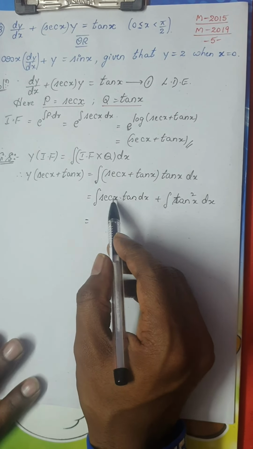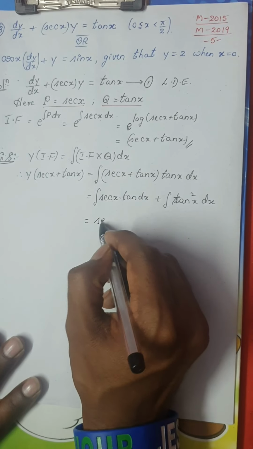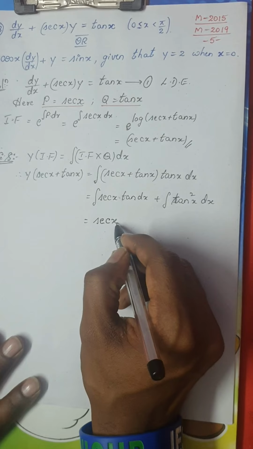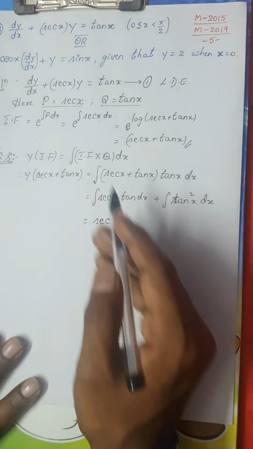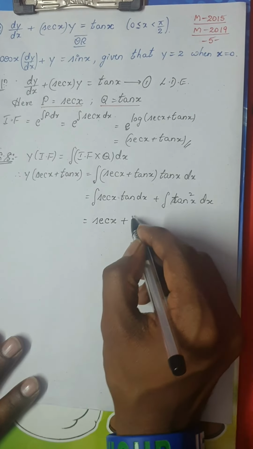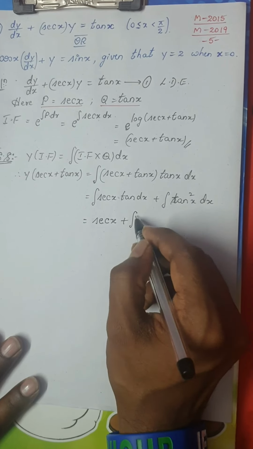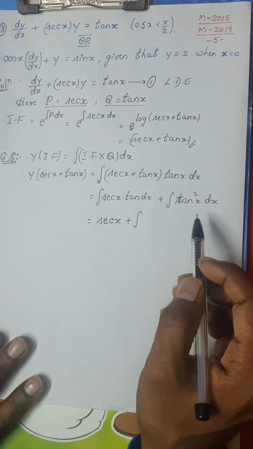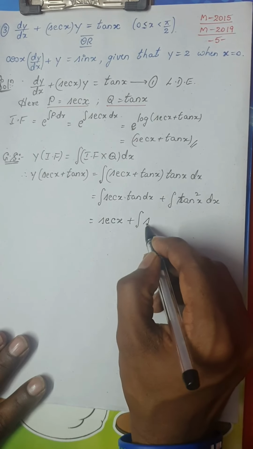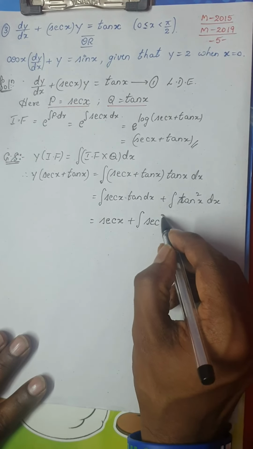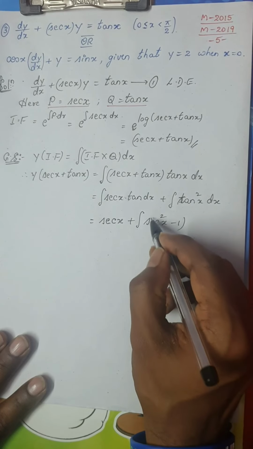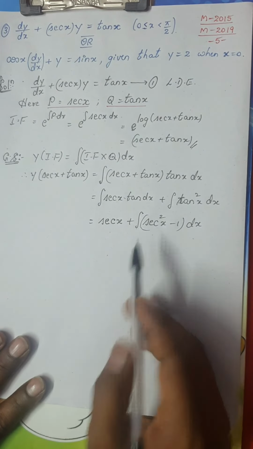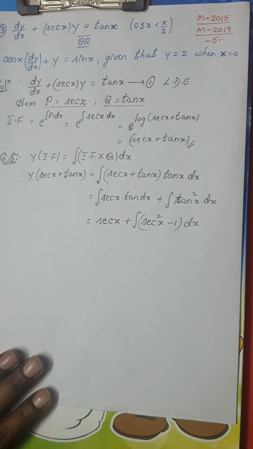Integral of secant x into tan x would be simply secant x. Again I'm telling you, you have to be thorough with the concept of integration to attempt this question. Plus integration of, now tell me, what is the standard integral of tan square? Do you have a standard integral for tan square? No. Whenever you have tan square, write it as secant square x minus 1 dx, because you have the standard integral for secant square x.